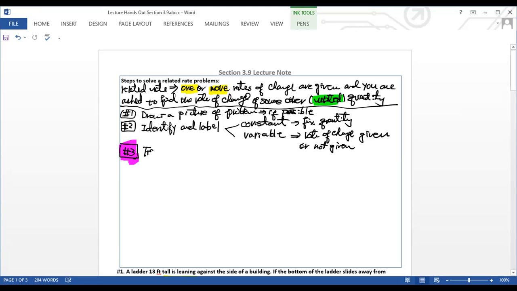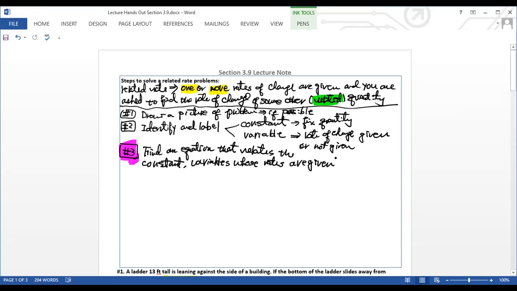Step number 3 is you want to find an equation that relates the constants you have and the variables whose rates are given, and the variable whose rate is not given.